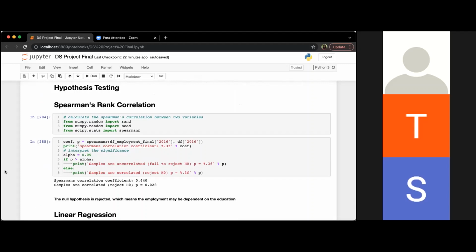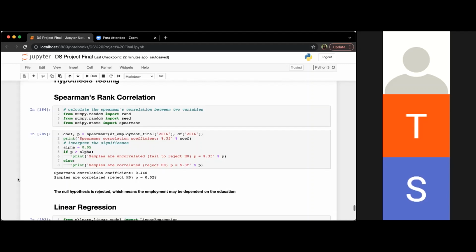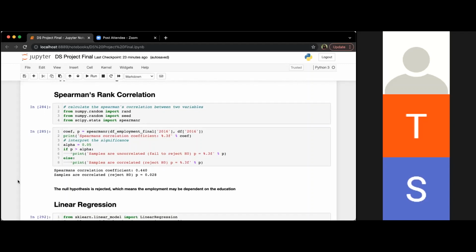Because of this, we chose Spearman rank correlation, and you can see over here that the value of p was less than 0.05. That means the null hypothesis is rejected, and there is a dependency between employment and education.